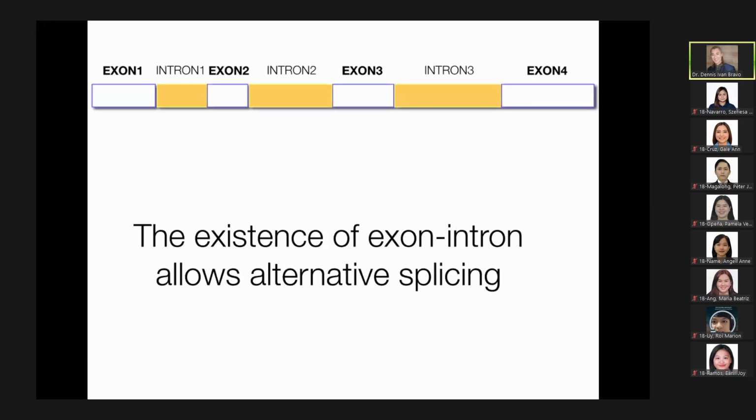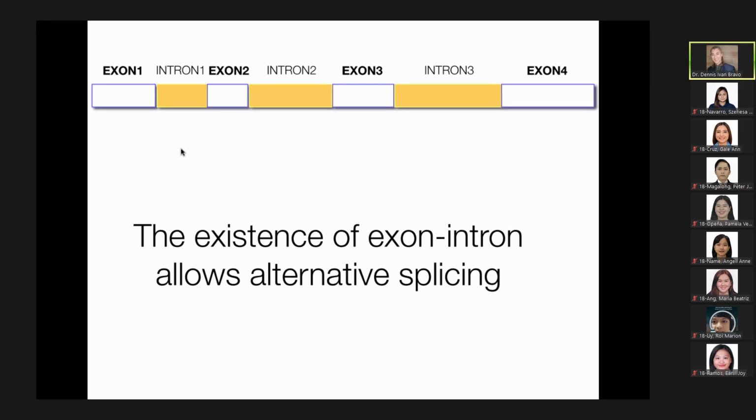You might be wondering, why do we have exons and introns if we're going to splice out introns anyway? Well, the presence of introns allows what is known as alternative splicing that provides a lot of versatility to the limited number of genes that we have.